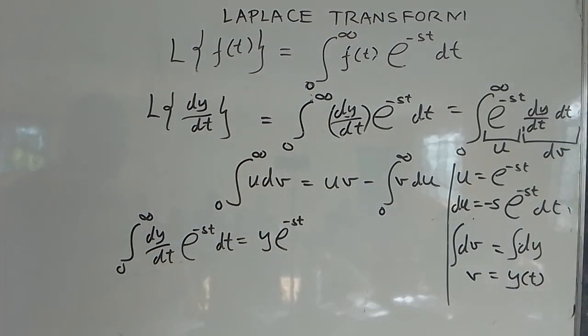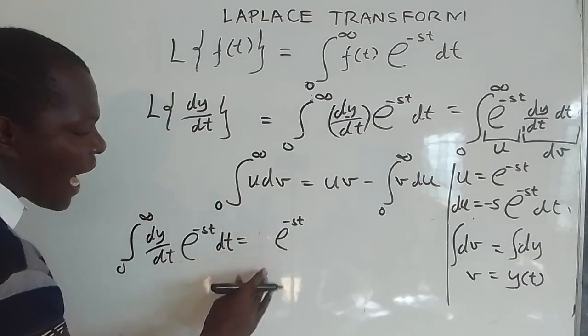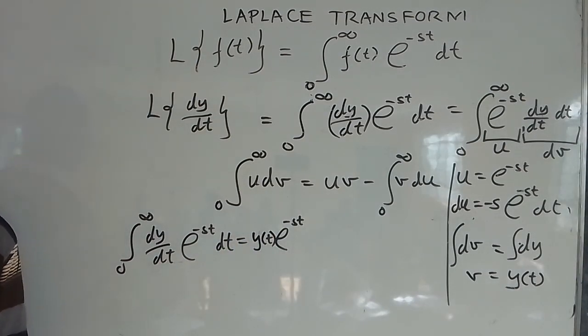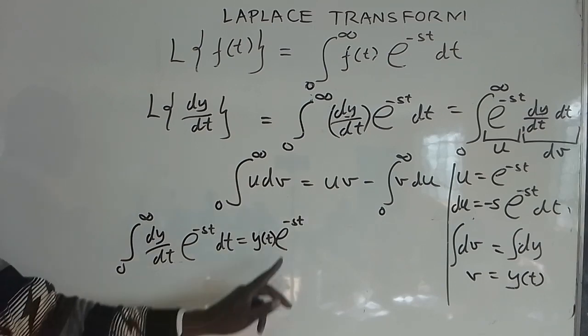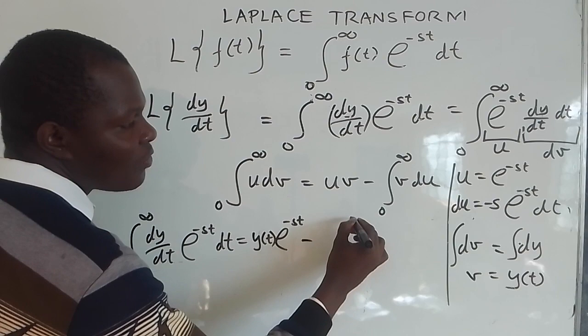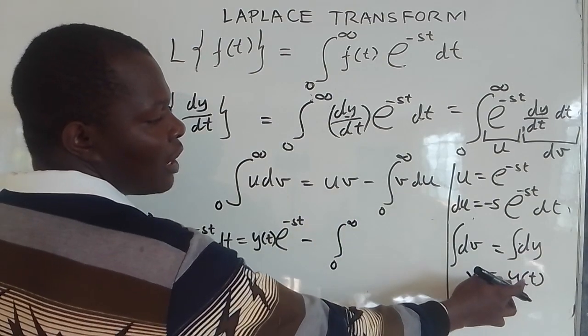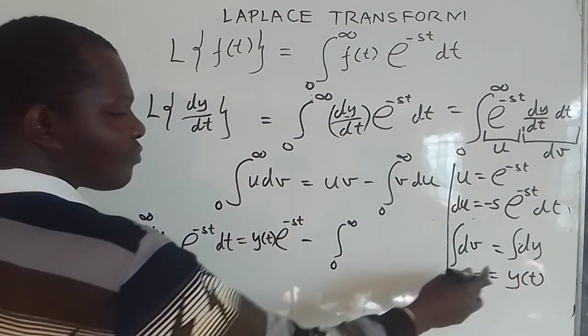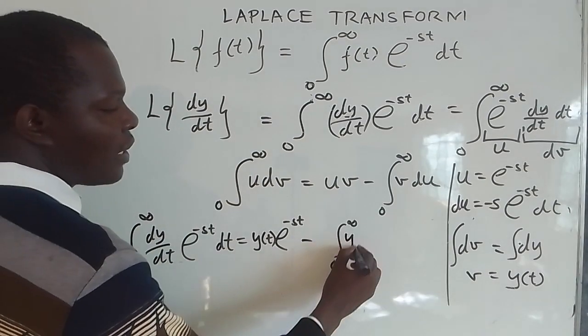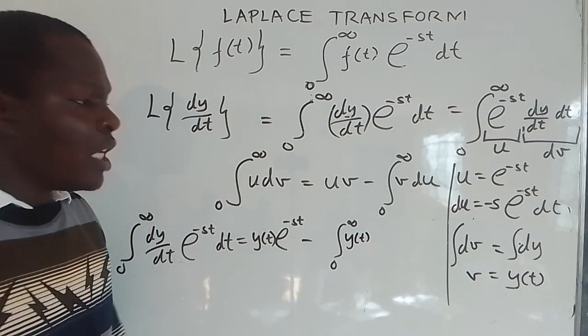So when you are now substituting here, you have y, and this our y is a function of t, isn't it? Exponential negative st, then it is minus, you integrate from 0 to infinity. What is v? V is y, which is a function of t, times du.